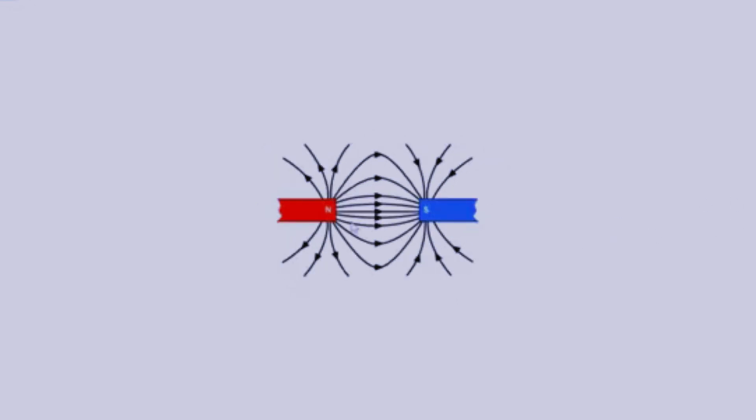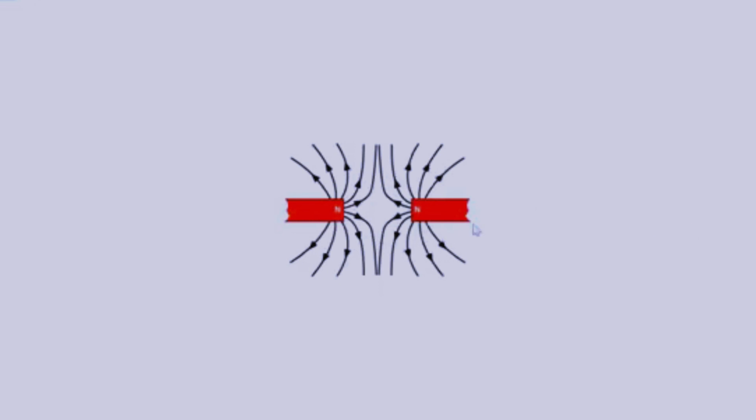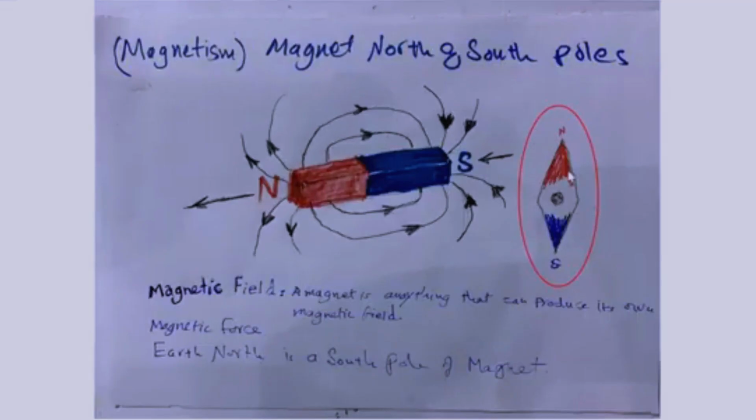Different poles attract each other, because look at the magnetic field getting out from the north and getting inside the south, which constitutes attraction, while alike poles repel each other. The compass needle has two sides, the north and the south.